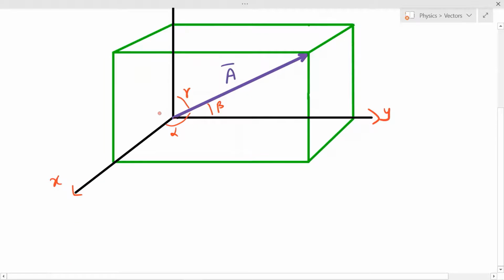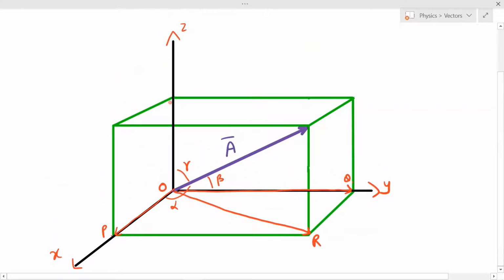Now let's say this is the origin O, and let's say this vector is OP bar, so this vertex is P, and let's say this vertex is Q, so this becomes vector OQ bar, and let's say this vector is OR bar, and there is this third vector OS bar, and let's say this vertex is T. Now you can see in this plane, the plane ORT, this triangle ORT is a right angle triangle, so this is 90 degrees.